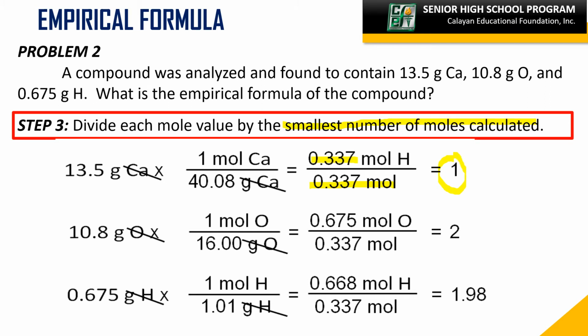For oxygen, we have 0.675 moles divided by 0.337. We'll get the answer of 2. For hydrogen, we have 0.668 moles divided by 0.337. And we'll get an answer of 1.98.